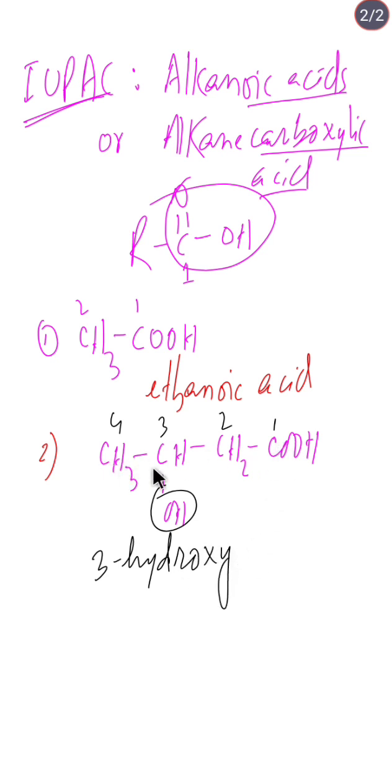We have 4 carbon atoms in the main chain, so but is the word root, N is the primary suffix, then oic acid is to be added, right? So this is the prefix, this is the word root, this is the primary suffix, and oic acid is our secondary suffix for the principal functional group.